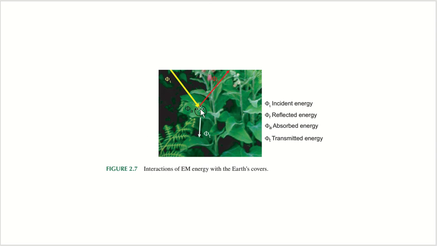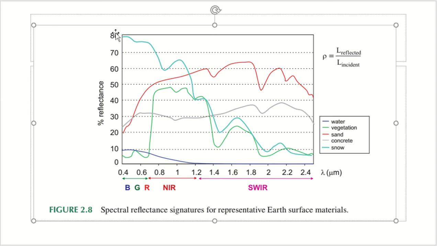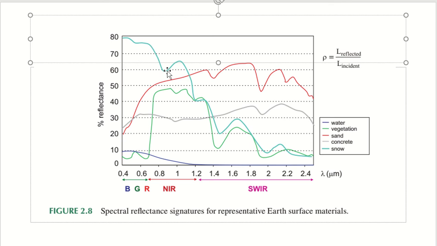The red is always going to be smaller than the yellow because we're not taking into account absorption and transmittance. So we can plot all these values on a scale of 0 to 100. Typically, you might see a maximum value here just to highlight the greatest range of variation of the profiles.